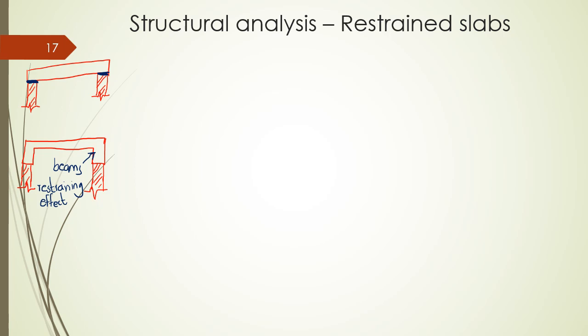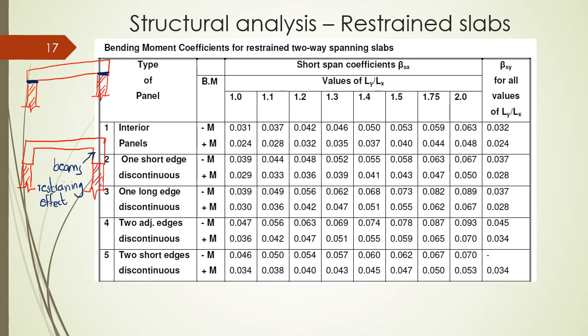To get the moments of slabs supported by such restraining beams, we have a different table to cater for all these end conditions. For example, let's consider a slab in a residential building. The lines I'm drawing indicate the beams will be straight.